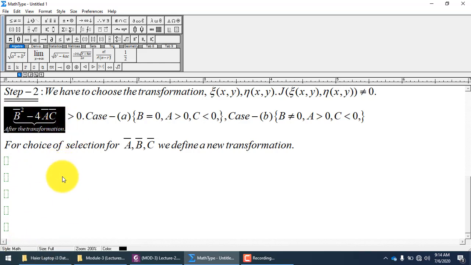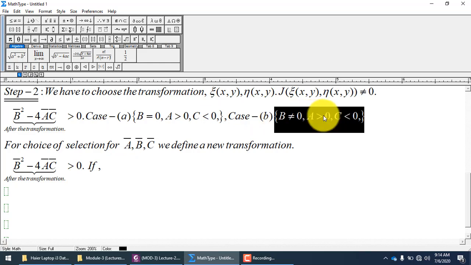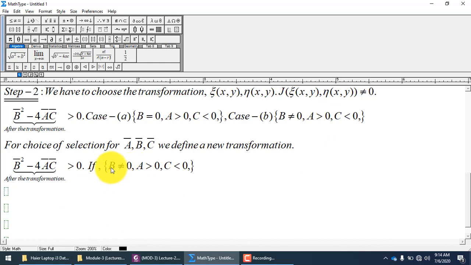So that quantity will be strictly positive if you select, as the third choice, B non-zero, A bar equal to 0, and C bar also equal to 0.